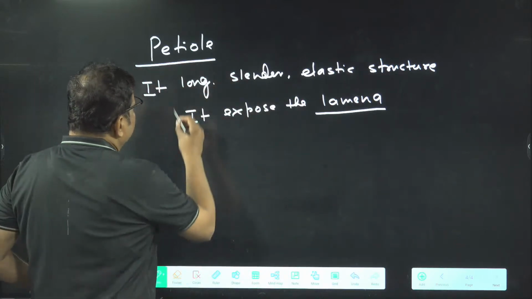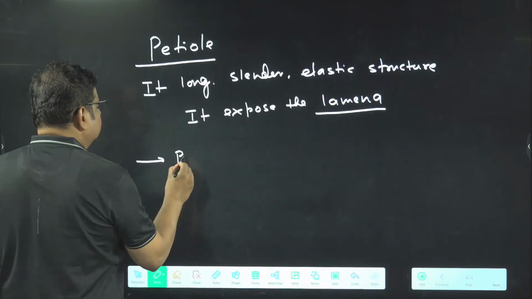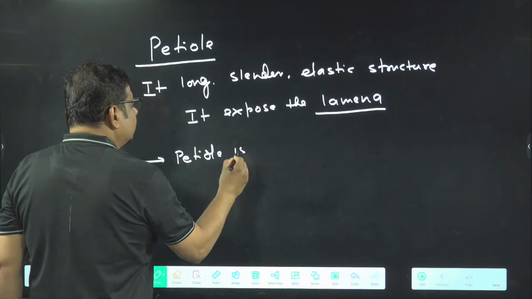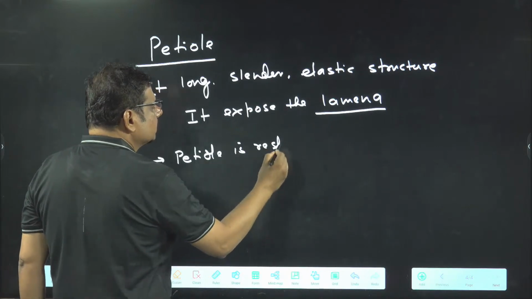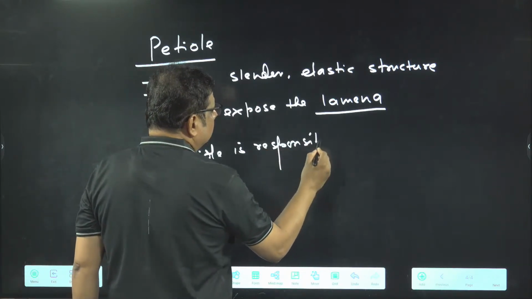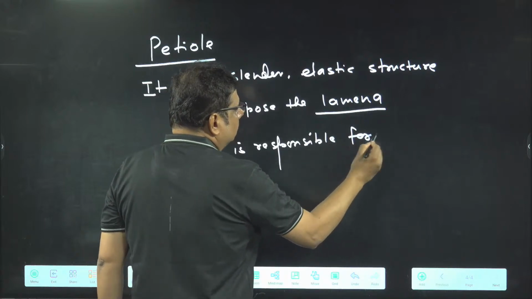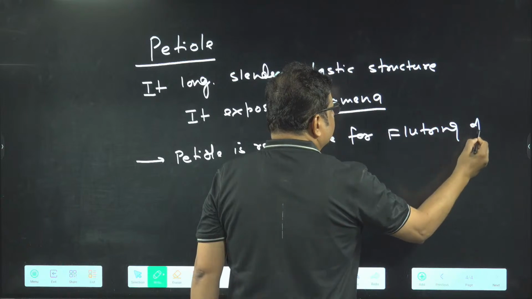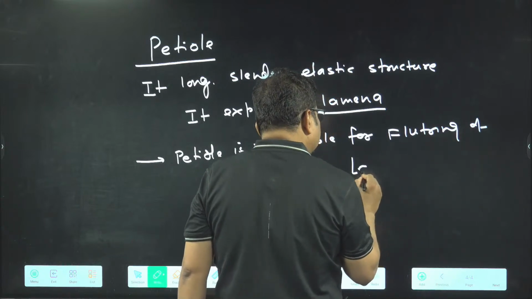And what happened? This petiole is responsible for fluttering of leaf, of lamina.